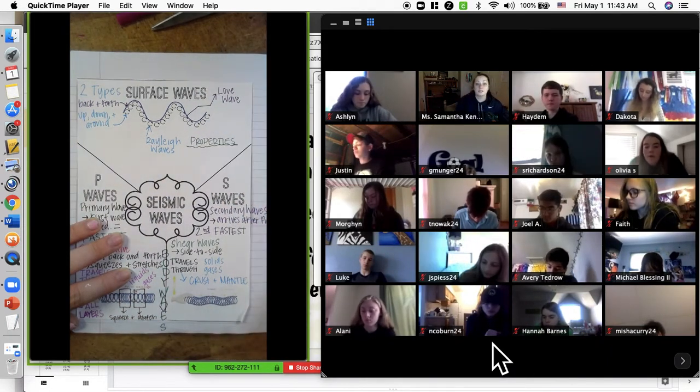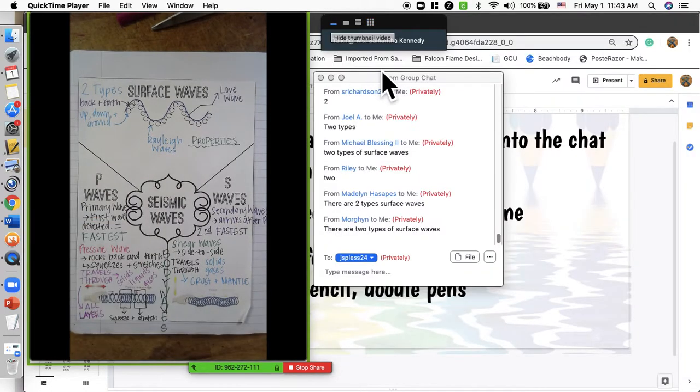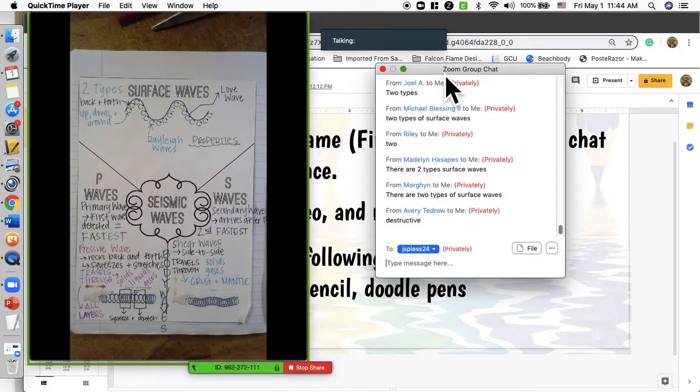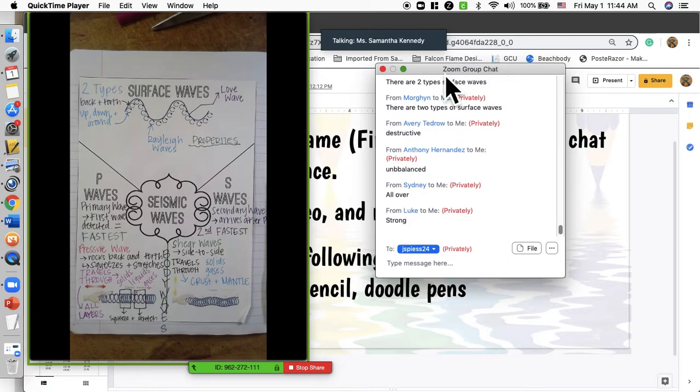And because it goes in all directions, how can we describe its force? Go ahead and drop that in the chat. If it goes in 4 different directions, how can we describe the force from a surface wave? Ooh, I like that you threw unbalanced in there.